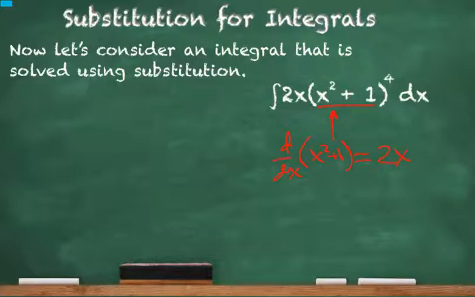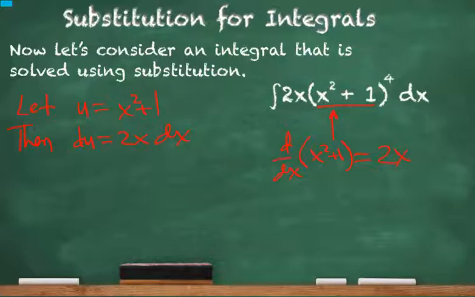So substitution for integrals is going to let us take this complicated integral and reduce it to a simple one that we know how to solve. So we start by saying let u equal x squared plus 1. Then the derivative of u is equal to 2x dx.